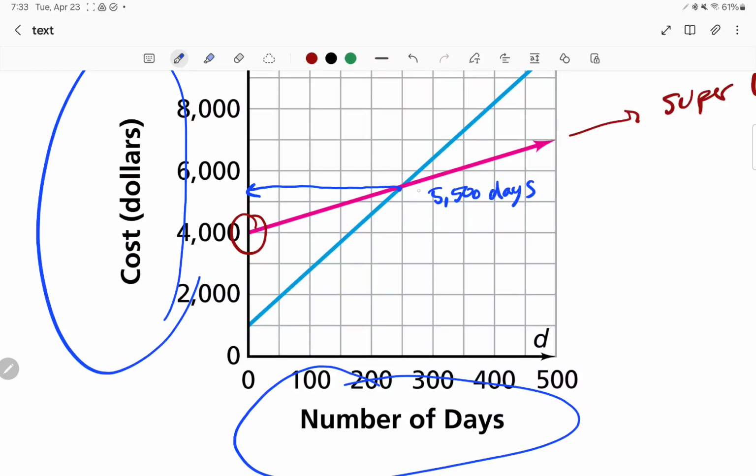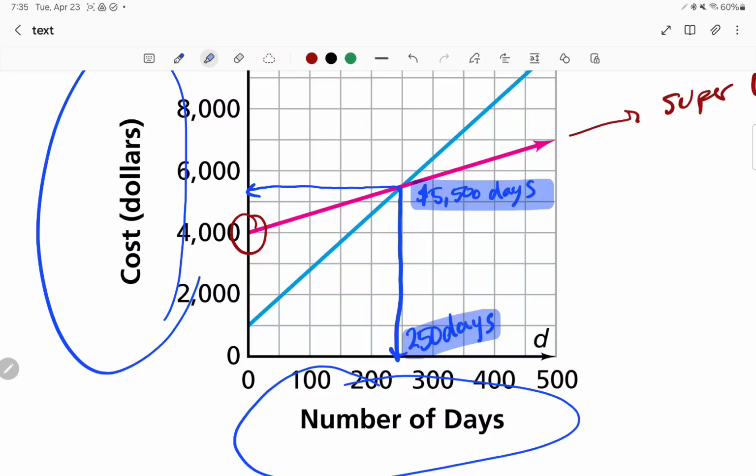Oh, nope, sorry, that's the cost. I was looking at, if we go straight down, that's about 250 days. Because the second part then says, what about the cost? So we have that right here. The cost is 5,500, and the number of days is 250 days.